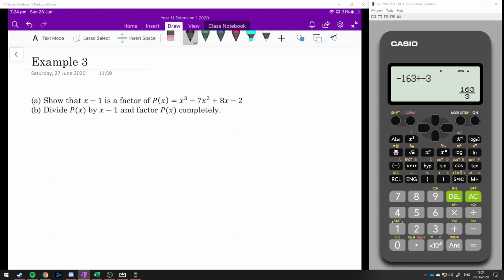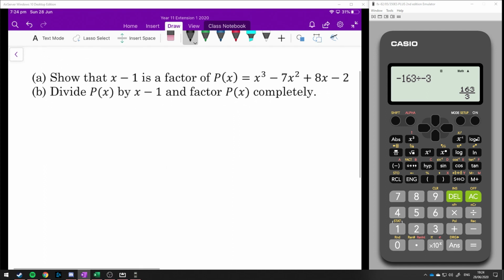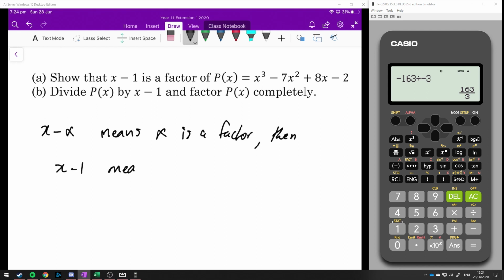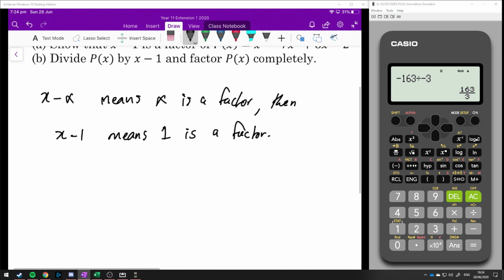To show that, we're going to work out, well, if x minus alpha means alpha is a factor, then x minus 1 means 1 is a factor. That's all it means. So we're going to substitute our value of 1 into the polynomial.